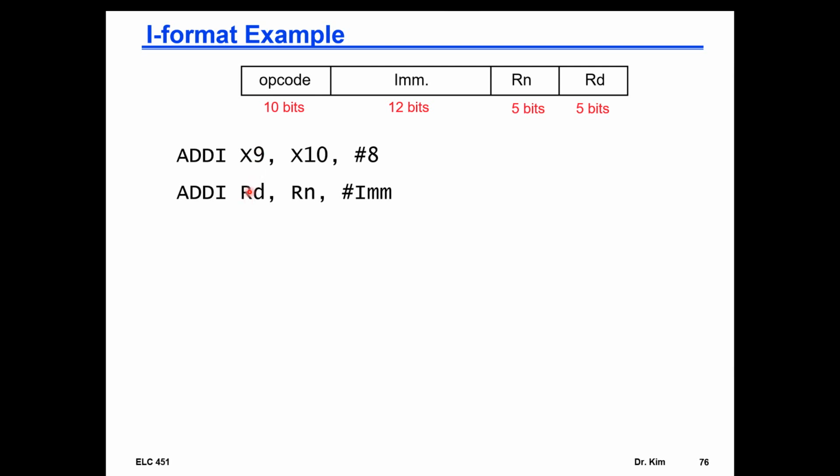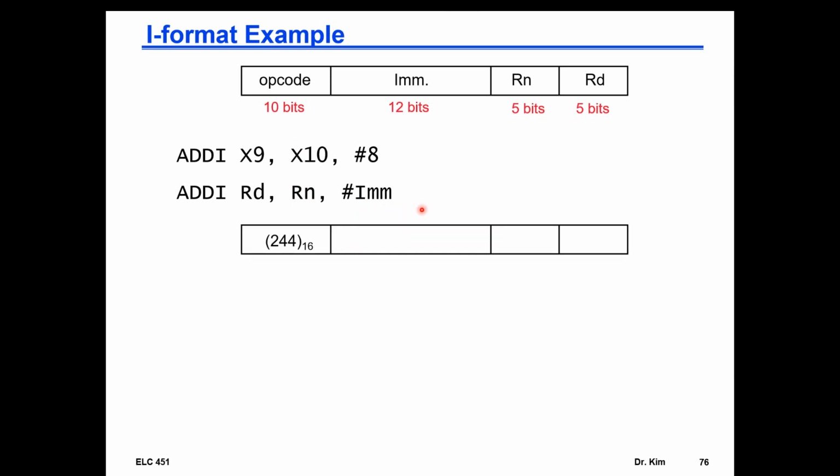This is RD, the destination, RN, the source register, and the immediate field. This would be the actual opcode for add immediate. That would be the immediate field. RN is register 10, and register 9 is RD.